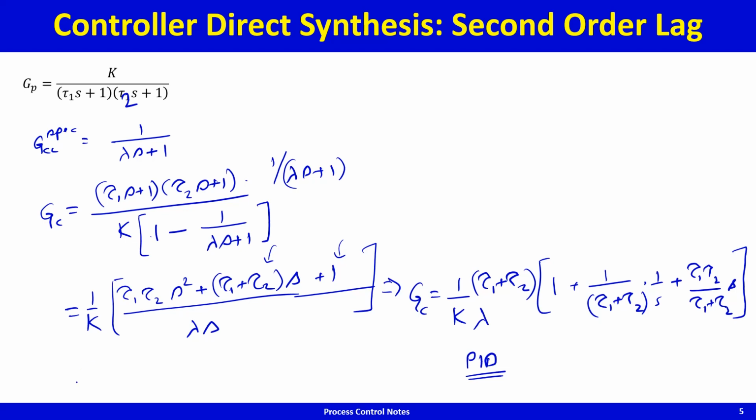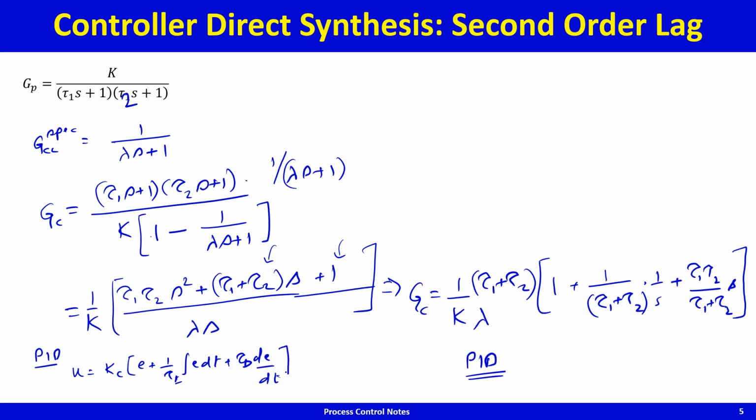because we have in the PID control law U is equal to Kc into E plus 1 by tau I integral of E dt plus tau d into dE by dt.